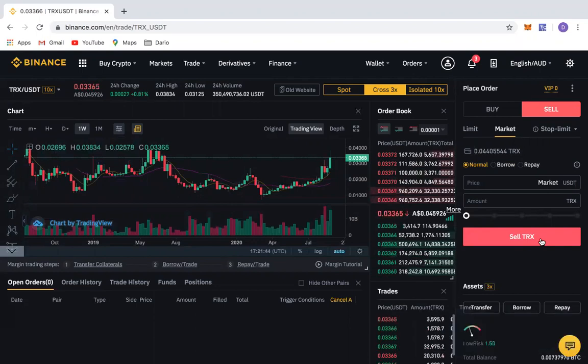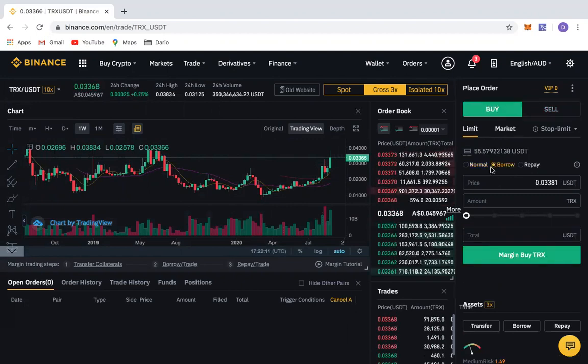So I've just sold $120 worth of TRX, but I owe them $40, sorry, $80 of TRX. So let's just say this dumps 10%, and I want to take my profits and actually repay that loan. I can go buy, normal.